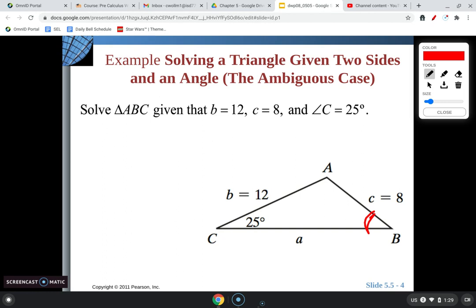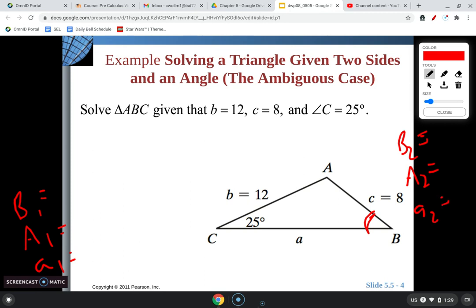So we have B1, A1, and little a1. And then we'll have big B2, big A2, and little a2. I'll show you how we get both of those here.